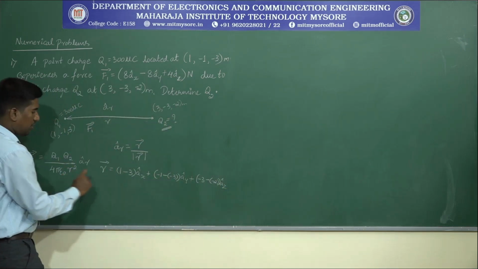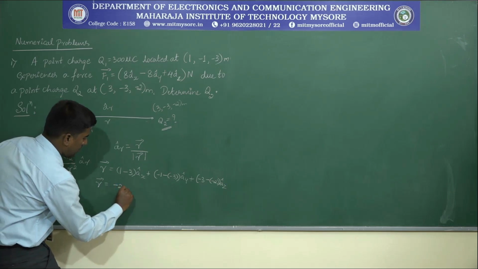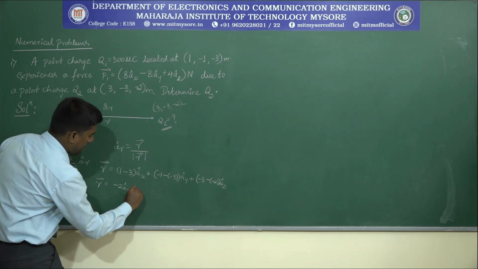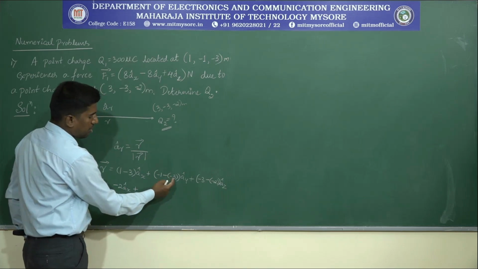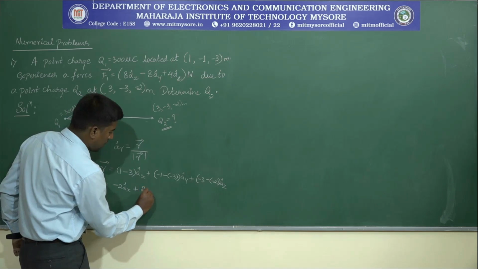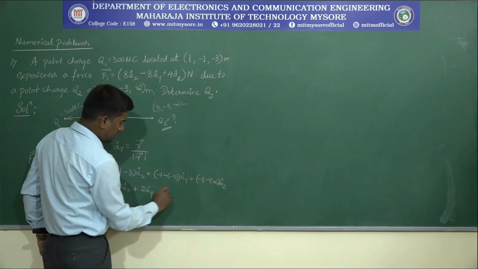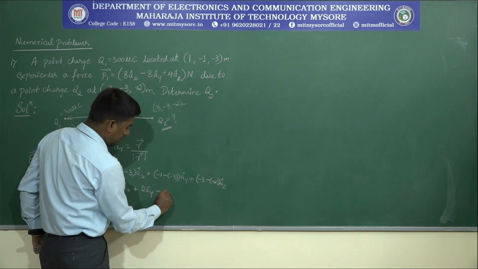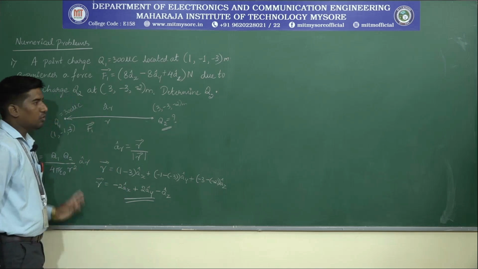This is the distance between those two points, that is -2 a cap x plus, -1 plus 3 means 2 a cap y. Here -3 plus 2 means -1 a cap z. This is the distance between those two points.